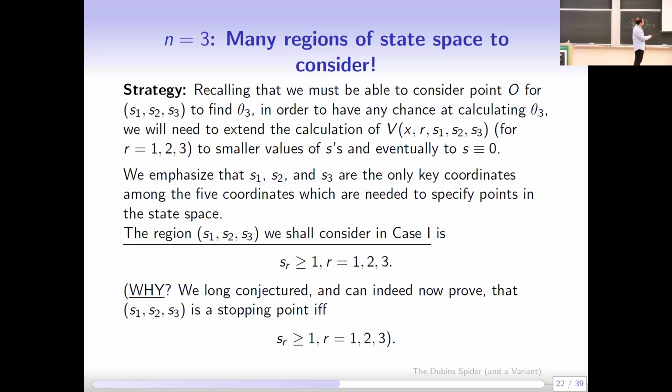And so the first region we'll consider in case 1 is when all of the s's are greater than or equal to 1. Again, that won't include the origin, so we won't be able to find theta 3 from that.